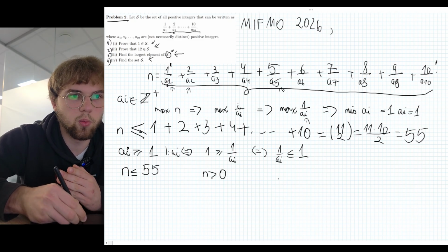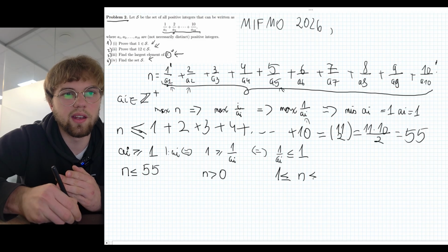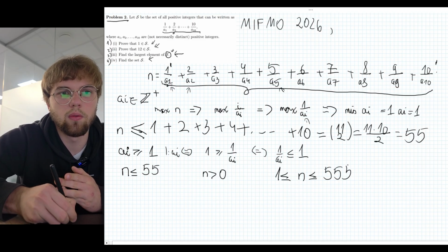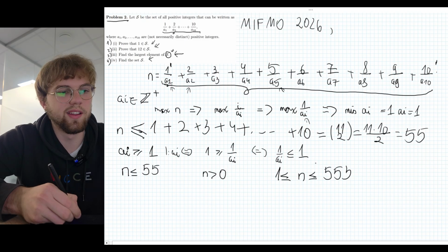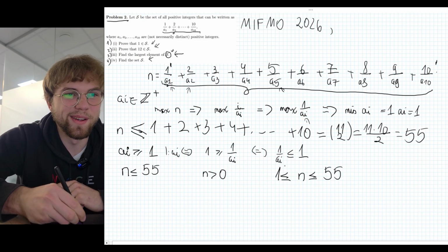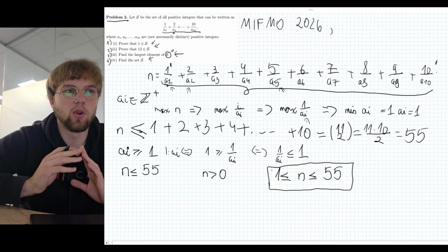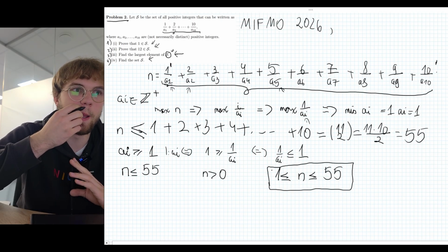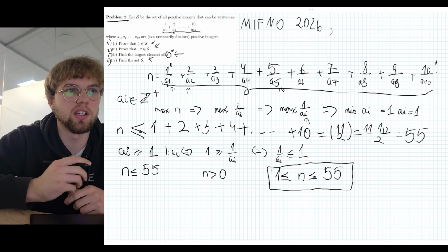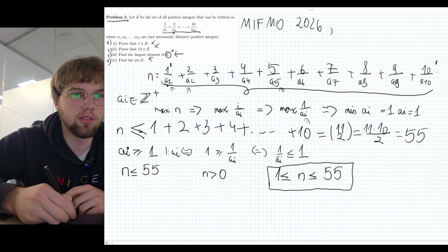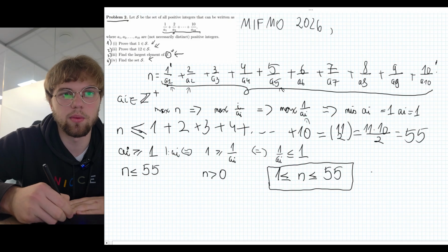So basically we've shown that in order for n to be expressed in such a form, it has to come from this set, from this interval.